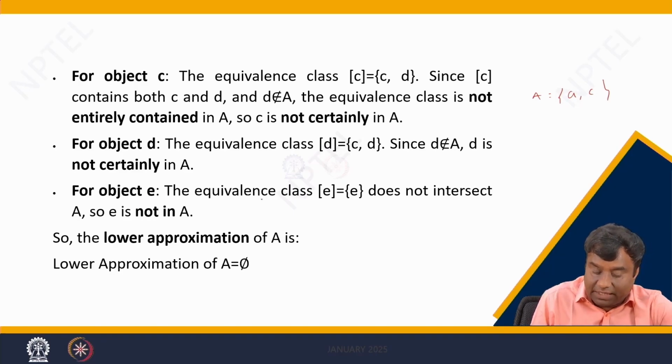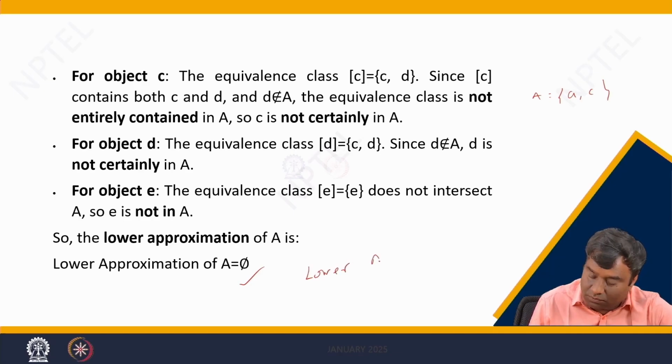For object E, the equivalence class E does not intersect or have anything common with A, so it is not contained in A. So you can write the lower approximation of A is phi.